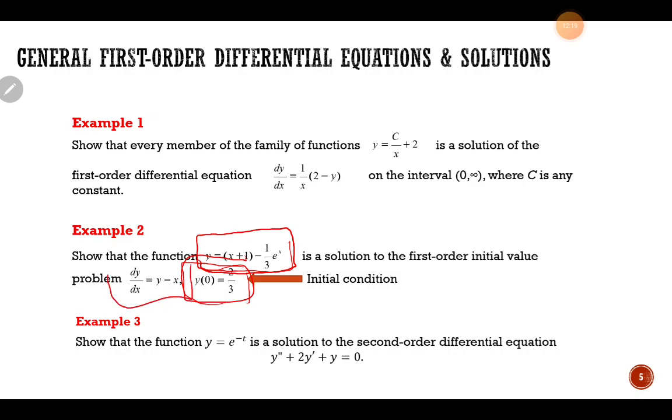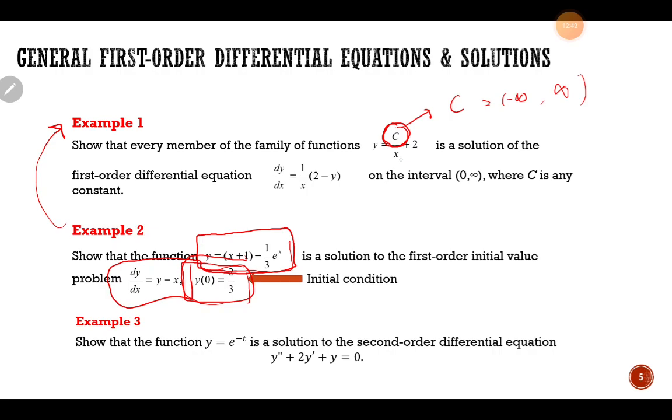Jawapan yang diberi, solution to this differential equation, compare dengan example 1 tadi, apa beza dia? Beza dia dalam example 1 tadi ada c, right? Okay, where c ni it can be any constant value from negative infinity up to infinity. C ni can be any value. So, we call it as a general solution.